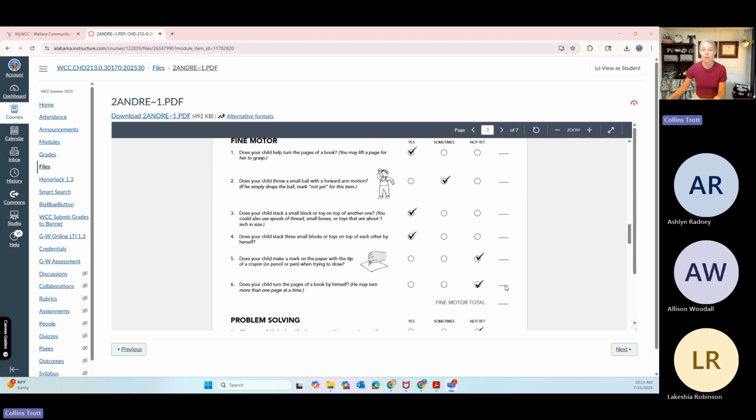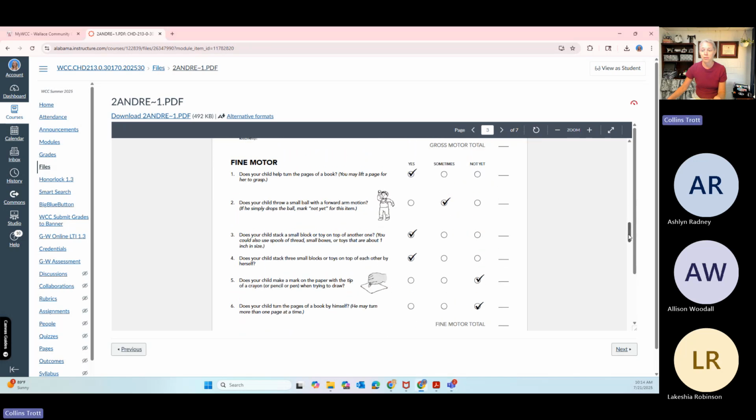All right, now I'm going to scroll down to my fine motor section. So 1 is 10, 2, 5, 3, 10, 4, 10, 5, 0, 6, 0. So what is my total in the fine motor section? Yes, 35.